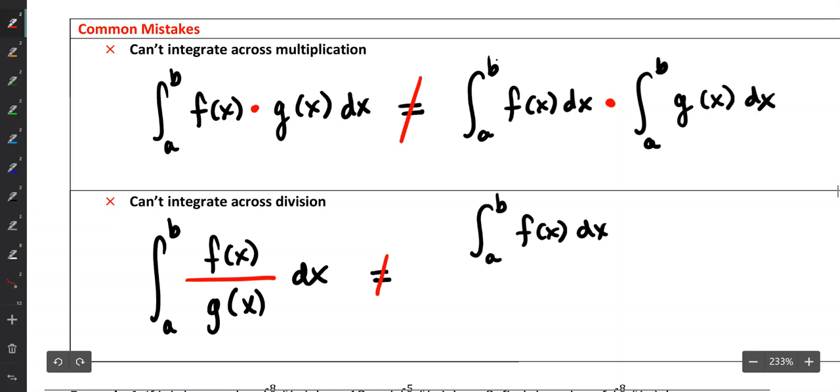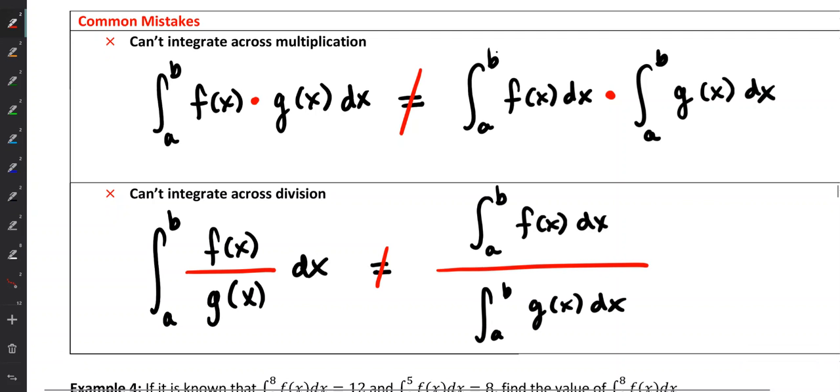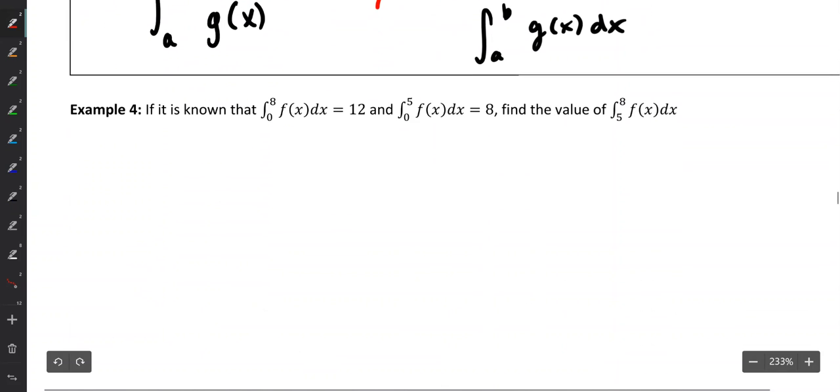Can't just think about the area under f, the area under g separately, and then do a division of them. That's not true. Okay? All right, one quick example, and that'll conclude our lesson.